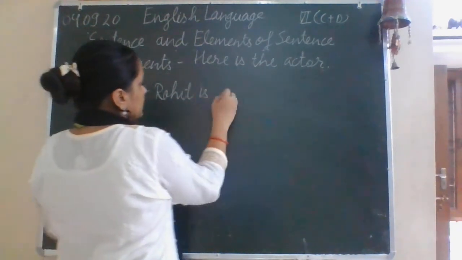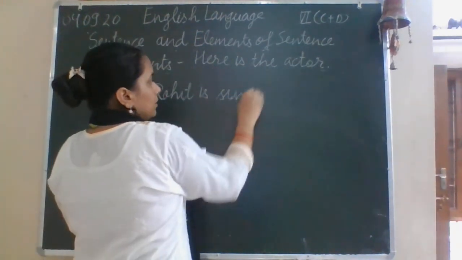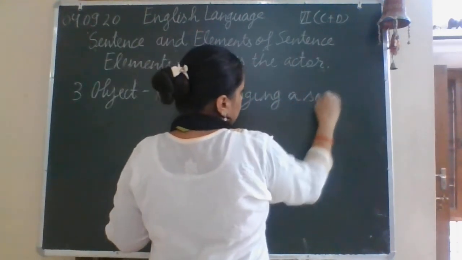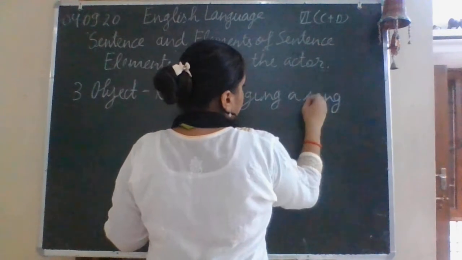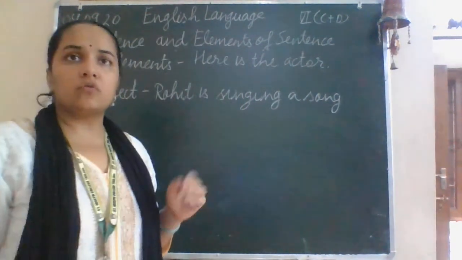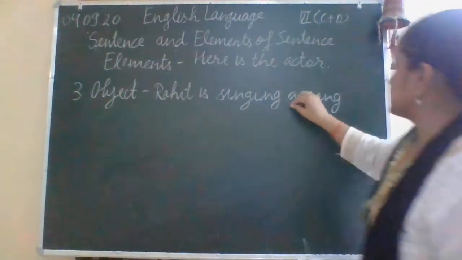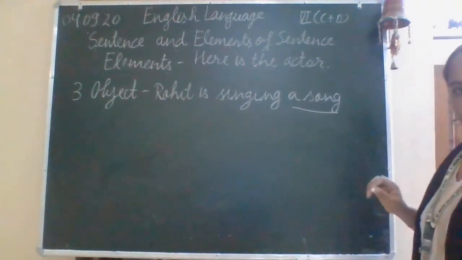Rohit is singing a song. So, what is the object, or what is the thing here about which the action is taken? It is the song.